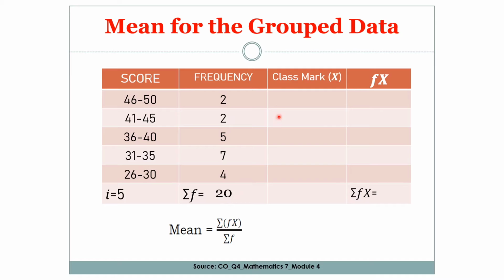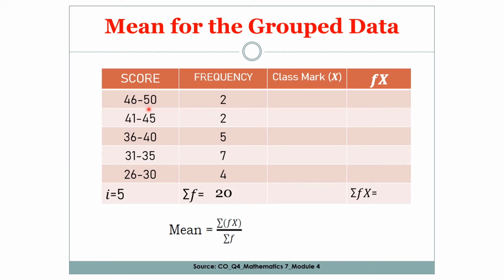Let us proceed to the third column, which is the class mark. Remember that the class mark is the middle score of a class interval. Let us start with 46 to 50. To find the middle score, you can count from 46 going to 50. Let's count. 46, 47, 48, 49, 50.